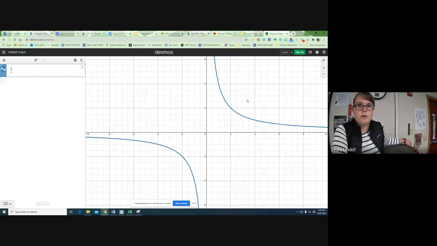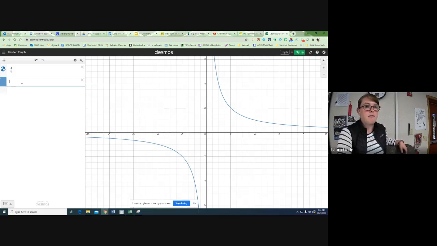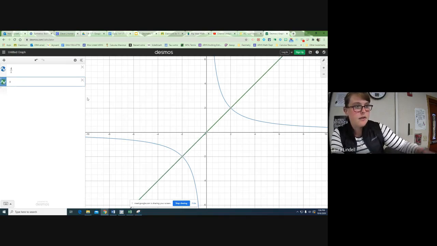So when we're taking an inverse, the fact that we switch x and y and then solve is also symbolic of what's happening to the coordinates. X and y are switching. And if you remember from way back in geometry, when you switch x and y, that's also known as reflecting over the line y equals x. So there's the line y equals x.